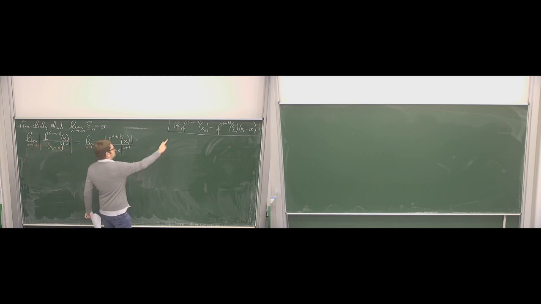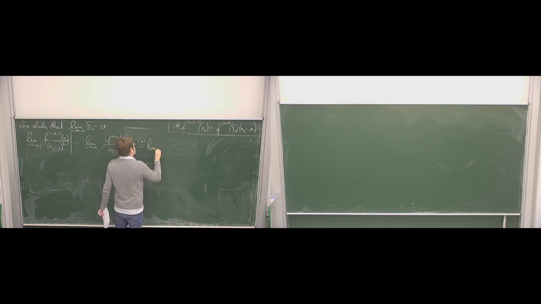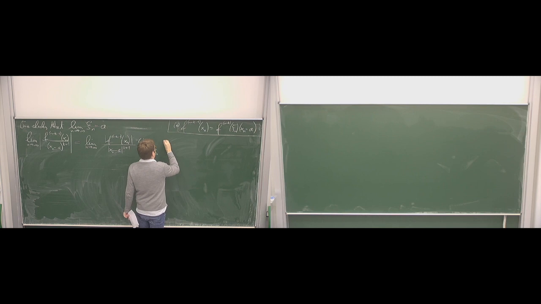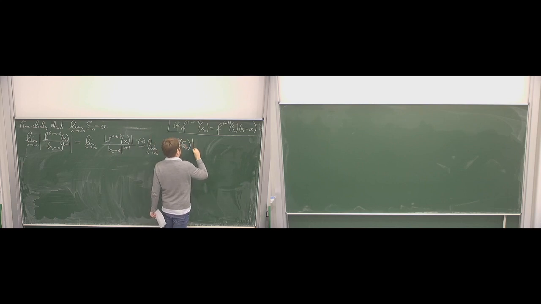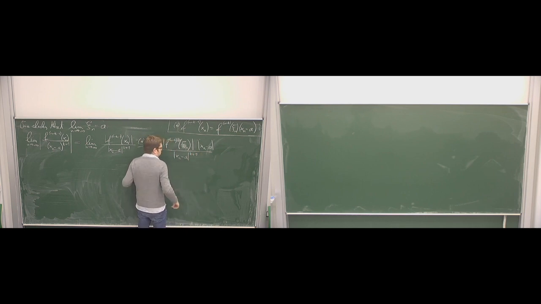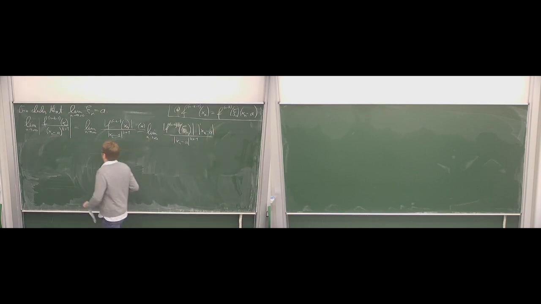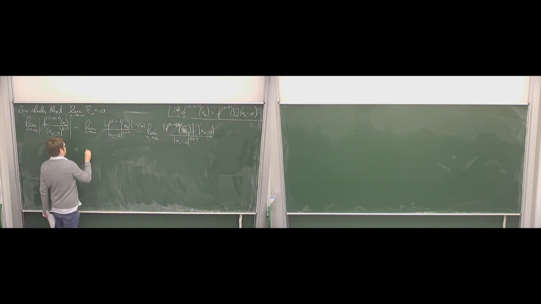So now, by inserting these psi_n, this is the same as the limit as n goes to infinity of f_{n-k}(psi_n) times the absolute value of x_n - a, divided by the absolute value of x_n - a to the k+1. And now we can see that we can reduce this fraction by removing one copy of |x_n - a|.